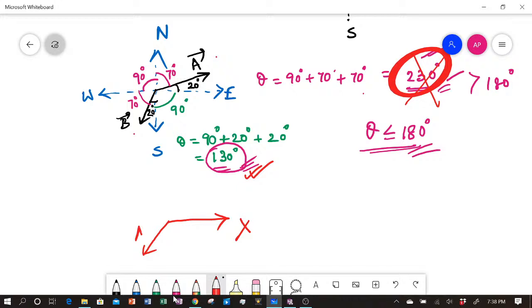This is vector A. Now, if you are asked to calculate the angle between A vector and x-axis, then what would be your answer? If vector A is along southwest direction, then just tell me guys, what would be the angle between vector A and x-axis?